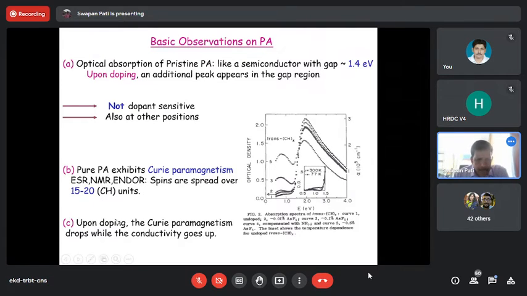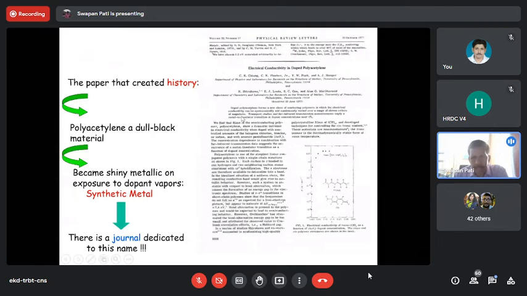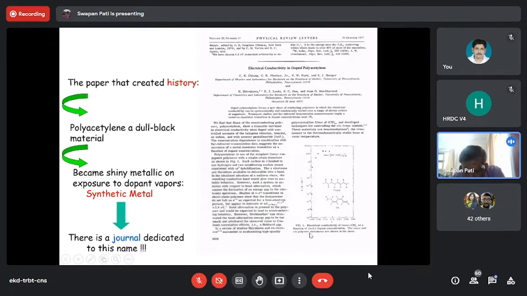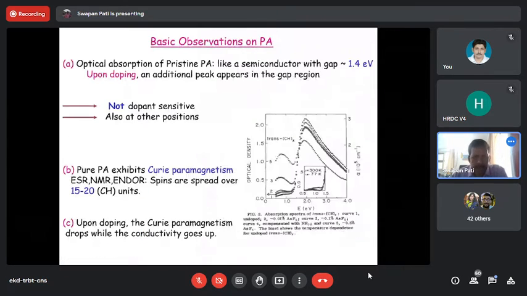Upon doping, okay, remember this paper, the doping was done with AsF5 and SbF5 actually, as a function of dopant. Pure polyacetylene exhibits Curie paramagnetism, that is 1 by temperature.